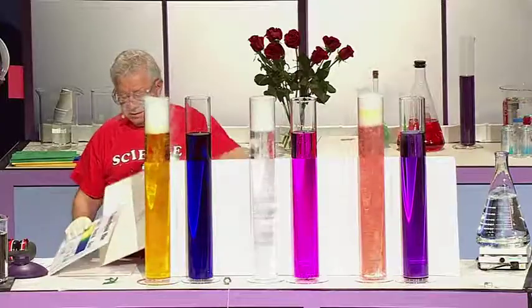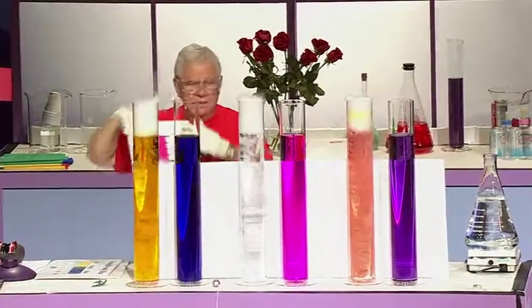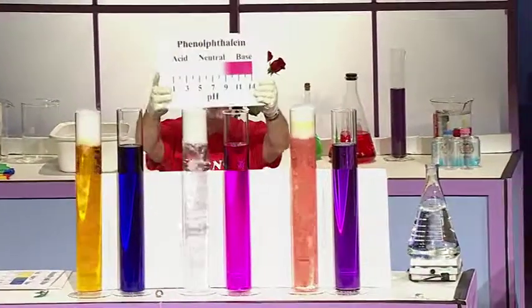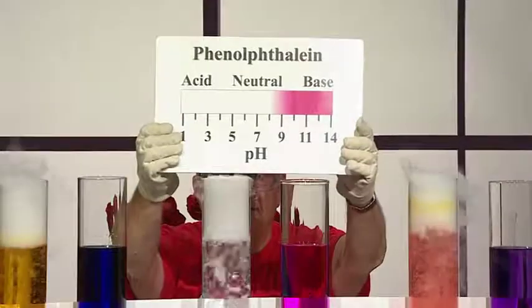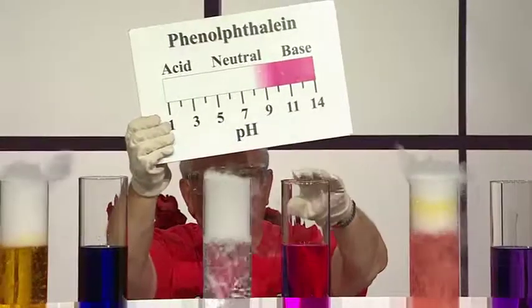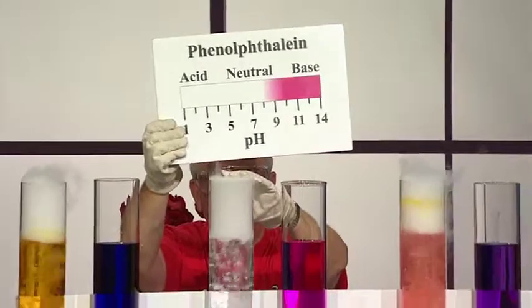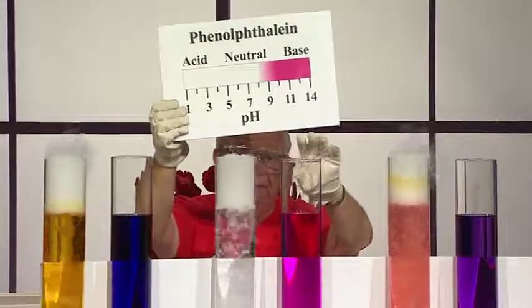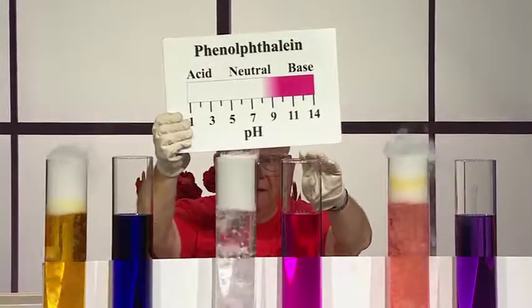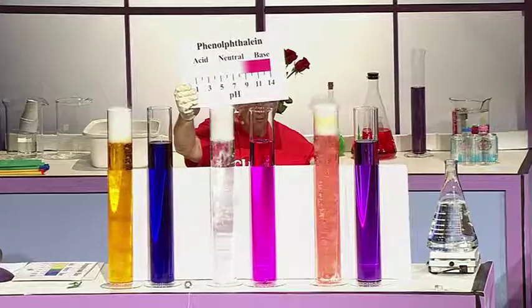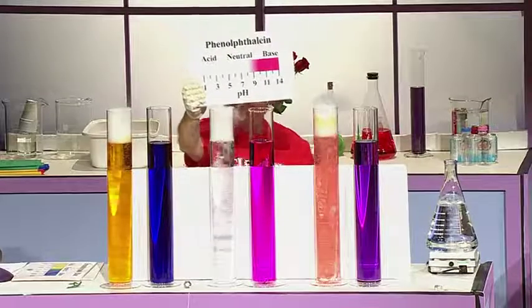The indicator that is in the middle set is called phenolphthalein, and in this case, the color changed from pink to what? This is a clear and colored liquid. This is clear and colorless. From now on, no one is going to confuse the words clear and colorless, right? We learn and we use what we learn.